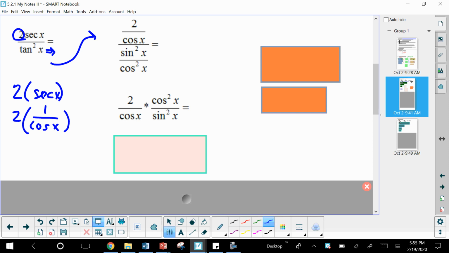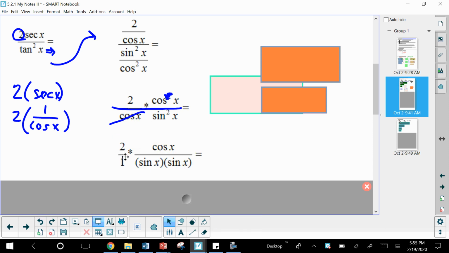So we're multiplying. I can just draw that as one giant fraction. I see a cosine x in the denominator and a cosine x in the numerator. So now I'm left with 2 times cosine x, and then I specifically changed the sine squared x into sine x times sine x. I'm doing this for visual purposes right now, just until we get used to it.